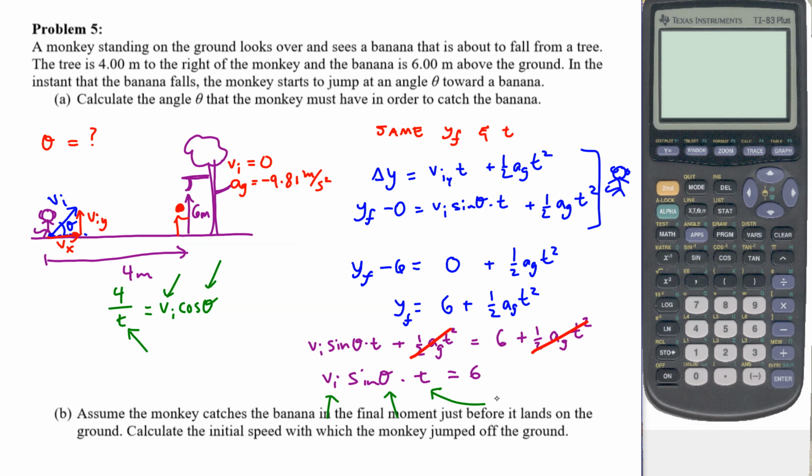So if I said earlier that the time was the same for both, if I isolate t, let's just substitute that in for t here. Let's see what we get.